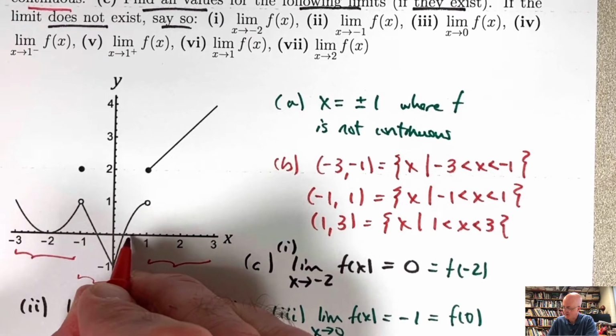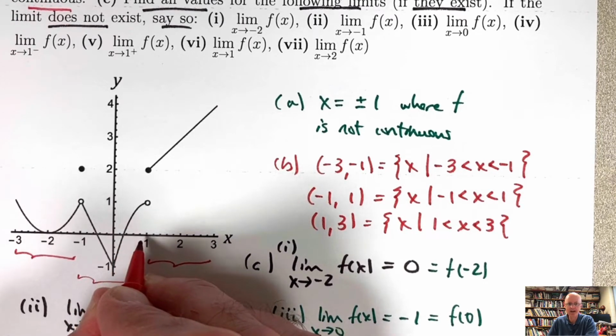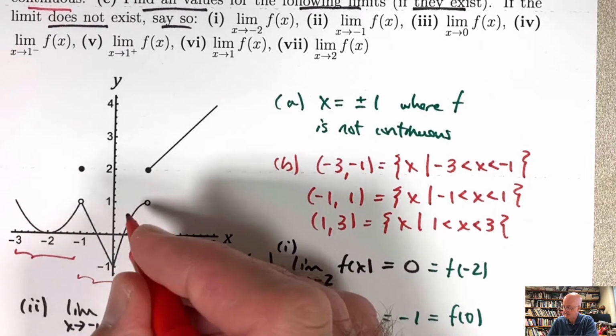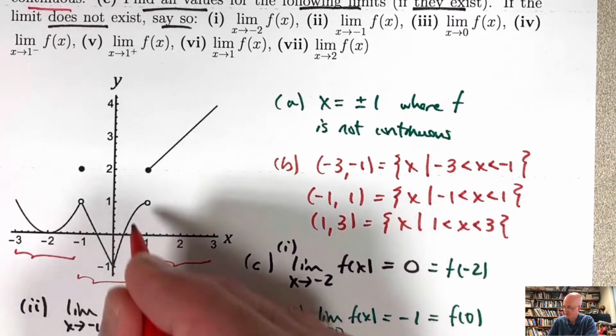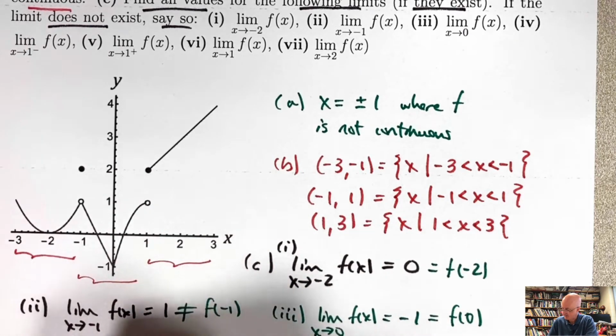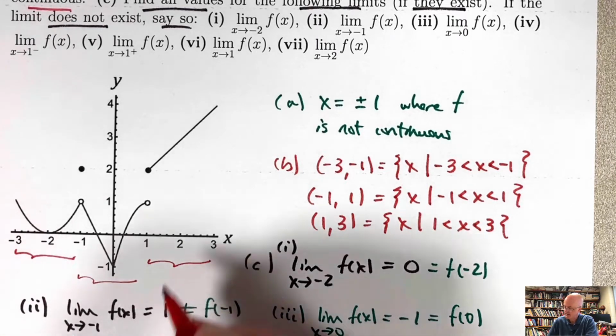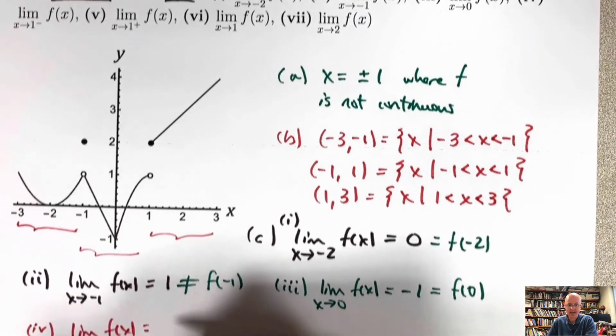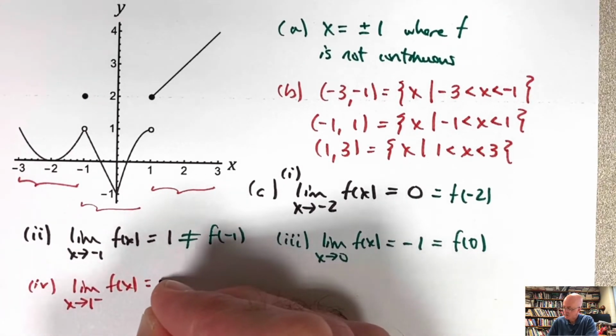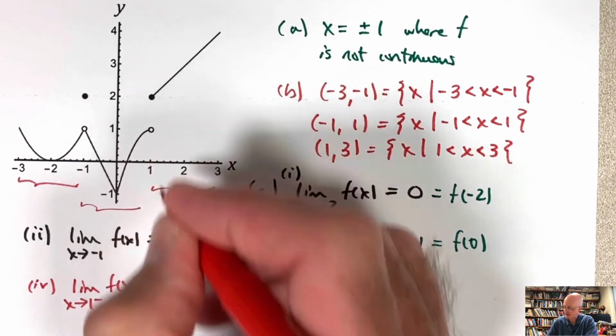Let x be 0.5, then 0.9, then 0.99, then 0.999. What do the function values approach? The second coordinates of these points are approaching 1, which is the second coordinate of that missing point. The limit as x approaches 1 from the left does exist and does equal the second coordinate of the missing point, 1.